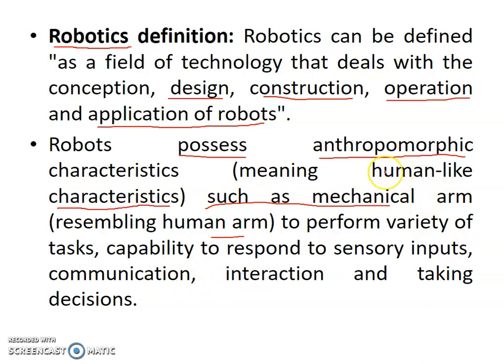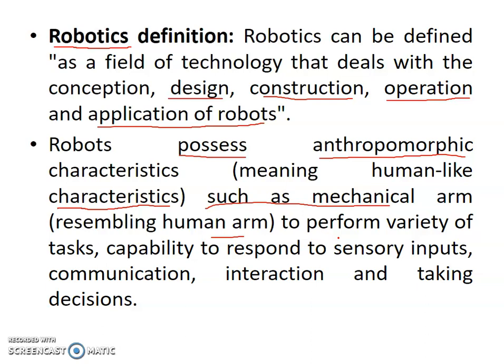Here, I told you it's an industrial robot. It has only the human-like arm characteristic, and it can have different motions, whatever the human hand can do, and perform a variety of tasks. It can communicate, and it can see something with the help of sensors. We are going to use sensors in the robot.